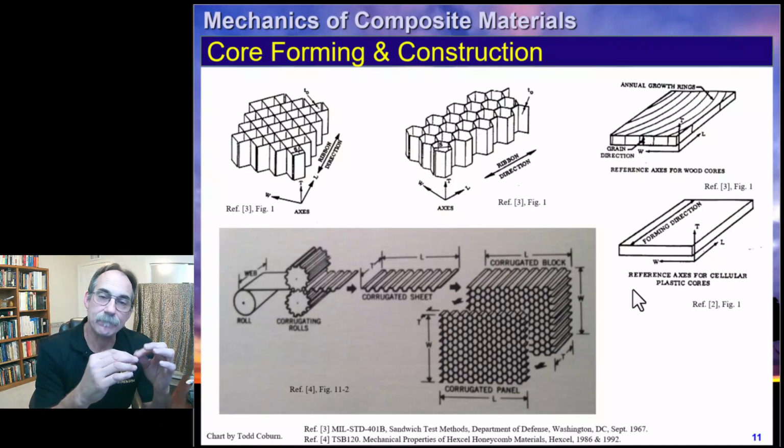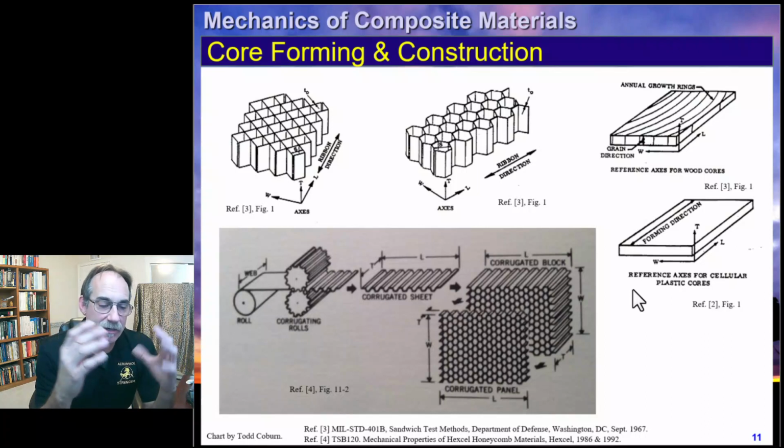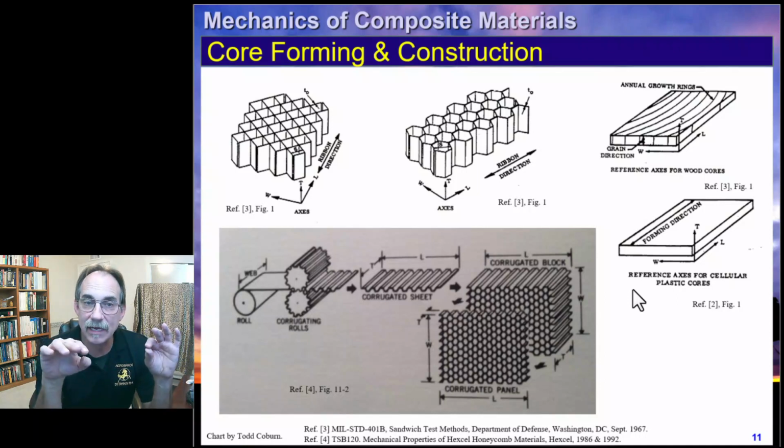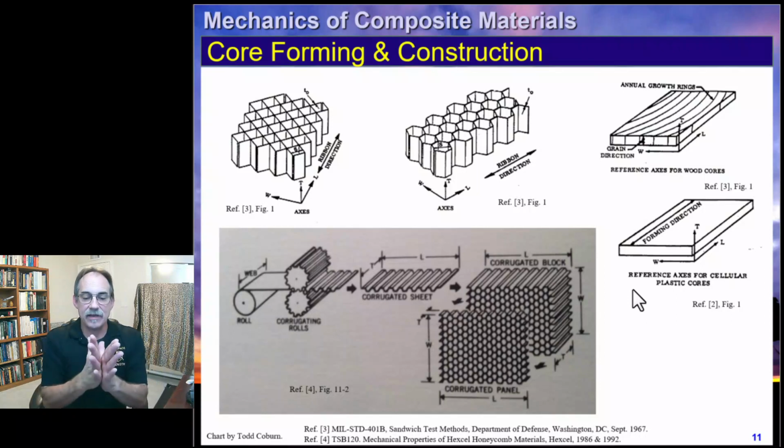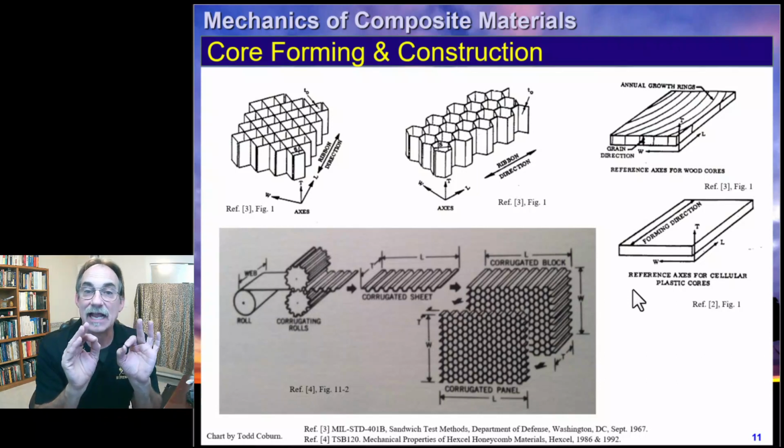Let's say we have an aluminum core. Imagine the aluminum foil that you wrap your food in. You know how soft and pliable that is. But imagine taking a sheet, forming it into a corrugated piece, bonding those cells together, and then expanding it into these little hex-like cells, one after the other. That's kind of how a lot of this is formed.